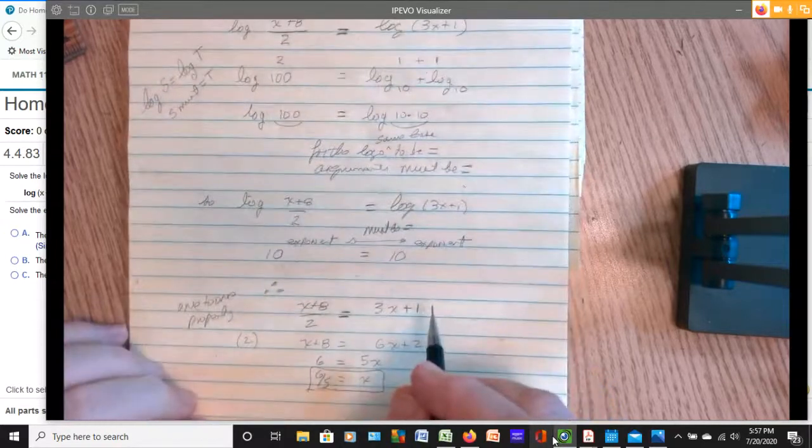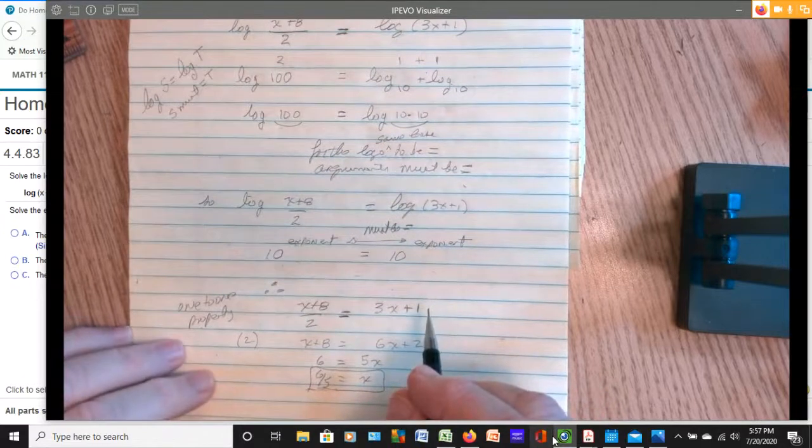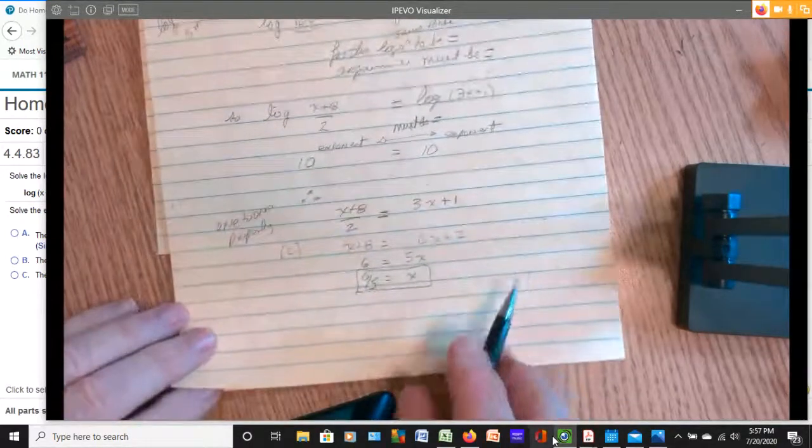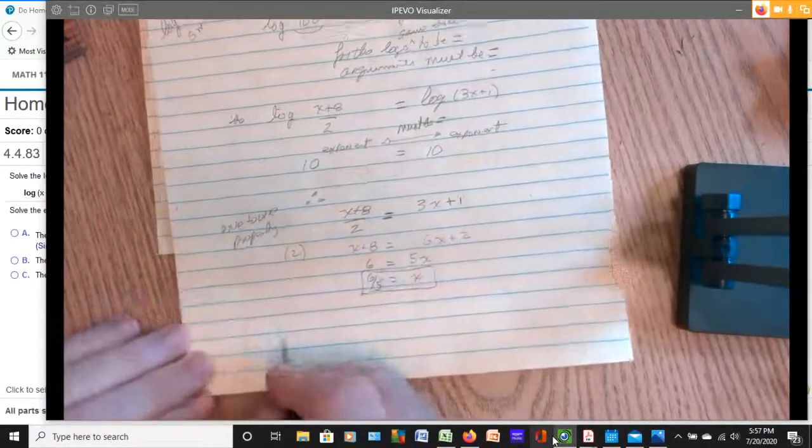Okay, now if we go back to our original problem, do we have any domain issues here? Well, let's go back and see what we get.